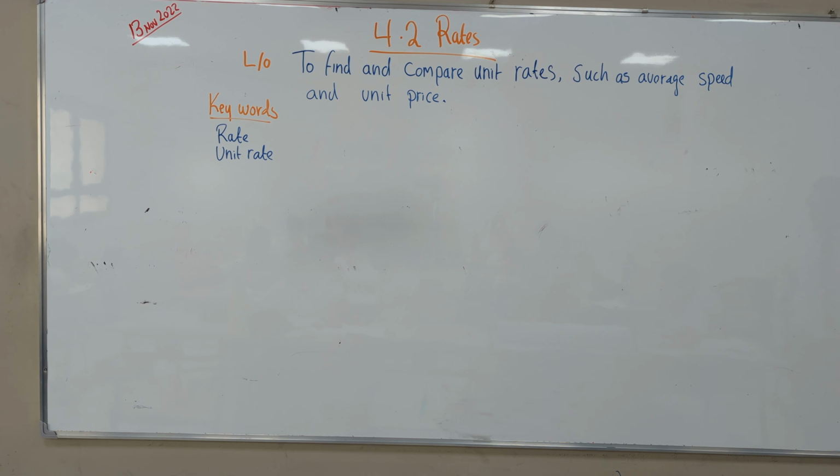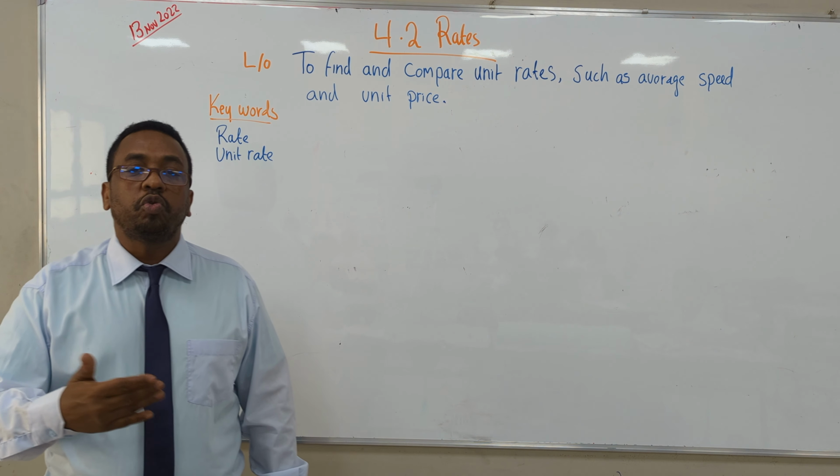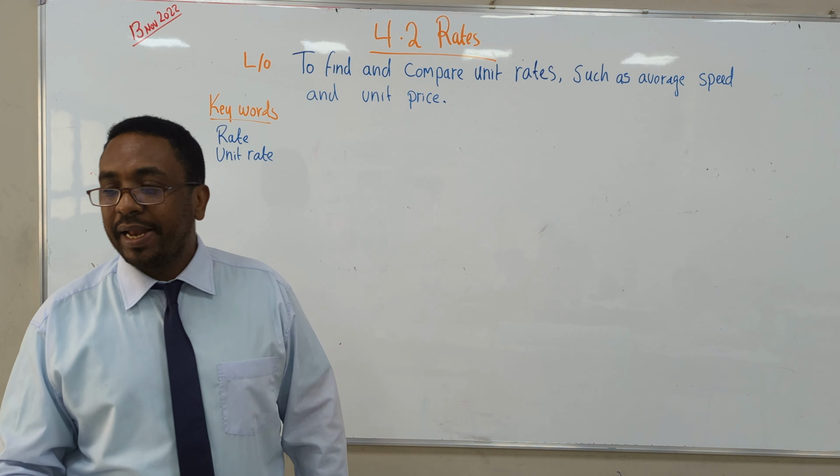What is a rate? A rate is for something happening, comparing two things and writing them as a fraction. For example, we use rates to check currency rates. We know the Kuwaiti dinar is the highest priced currency in the world.